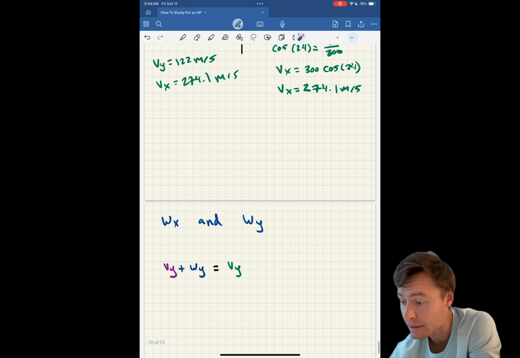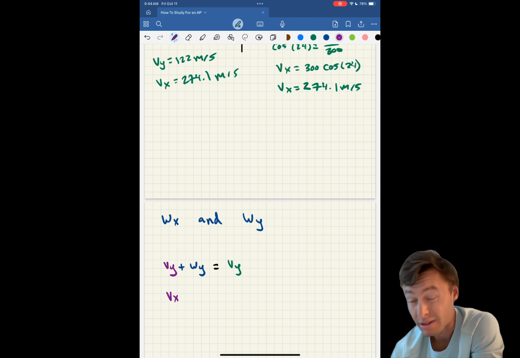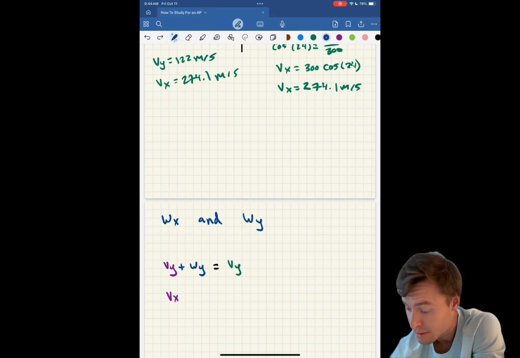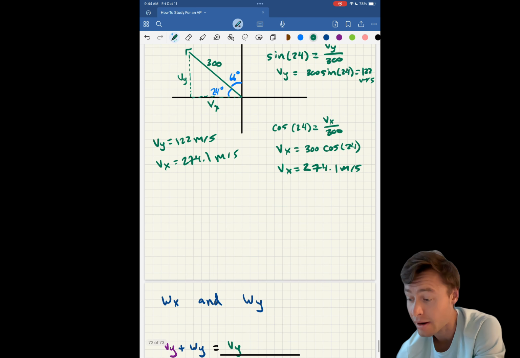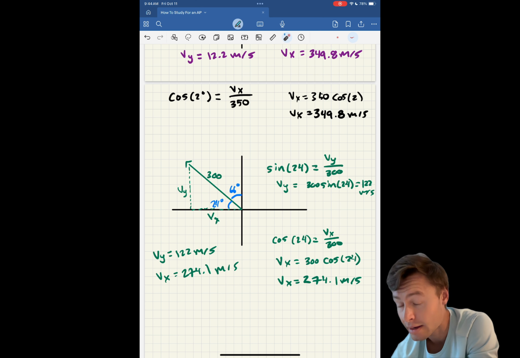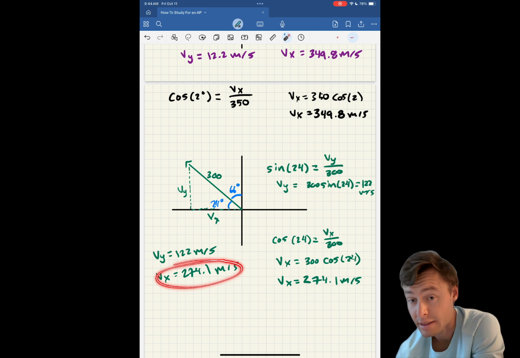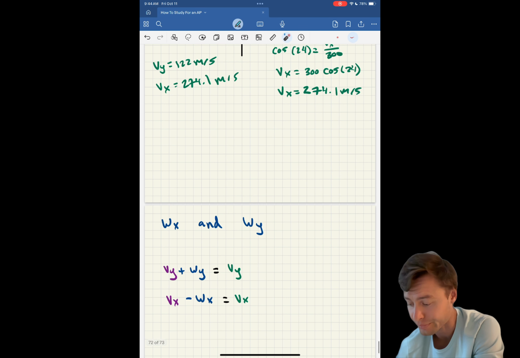Okay, and now we can do a similar equation, but for the horizontal, where the horizontal initial vector of the plane minus the wind is equal to the new horizontal component of the plane. And how did I know it was minus? Well, if you look at it, horizontally we start at 349 and then we get to 274. So we must have subtracted some from that, right?